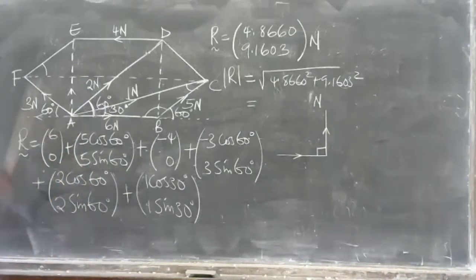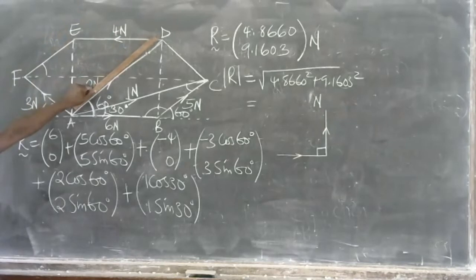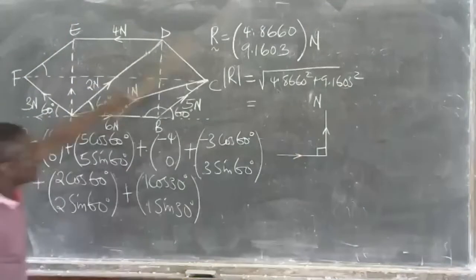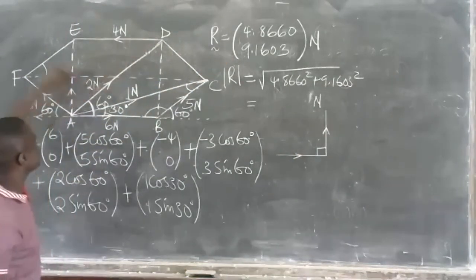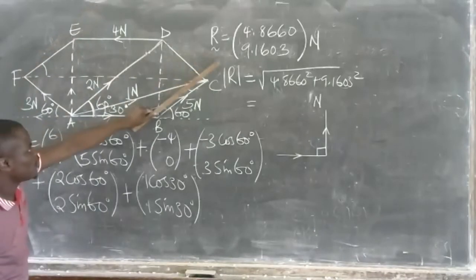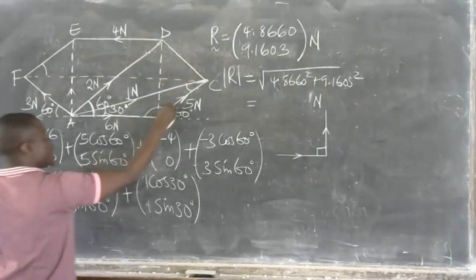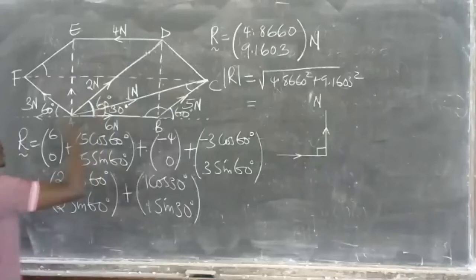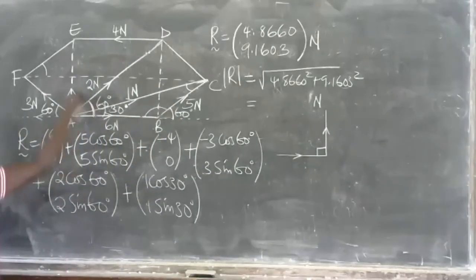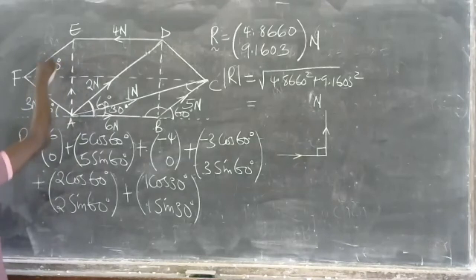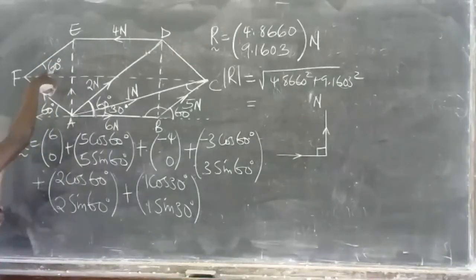And we said the diagonal AD is parallel to diagonal FE and parallel to diagonal BC. So all these 3 lines are parallel. So the angles they make with horizontals are corresponding. So this is 60, 60, even this here, 60 degrees. They are all corresponding angles.